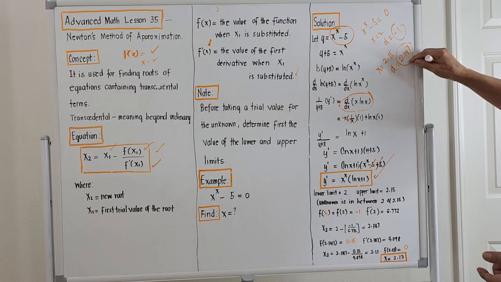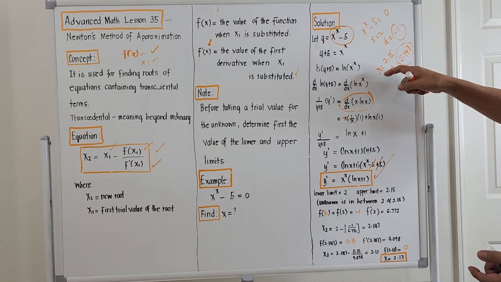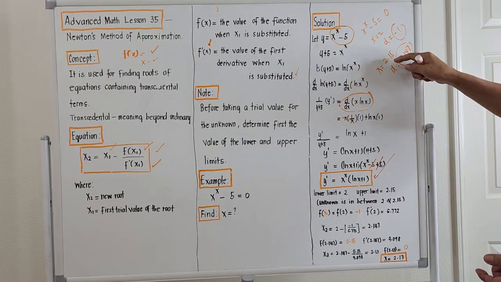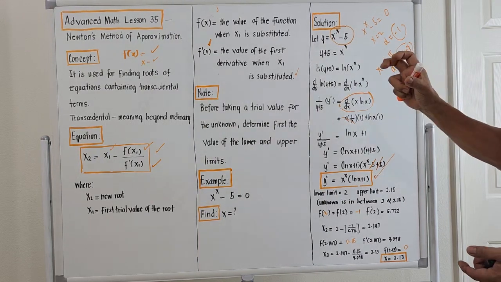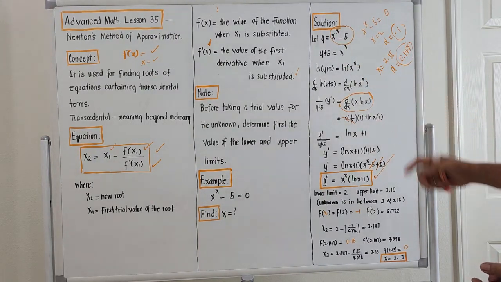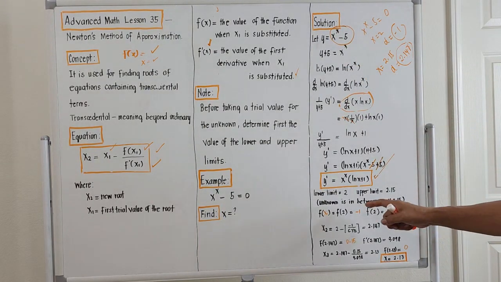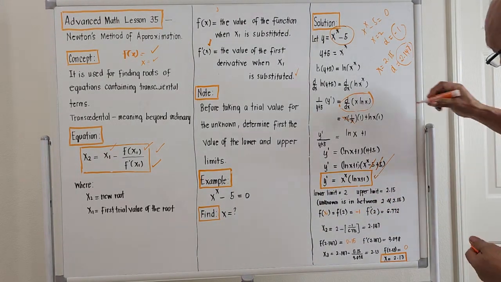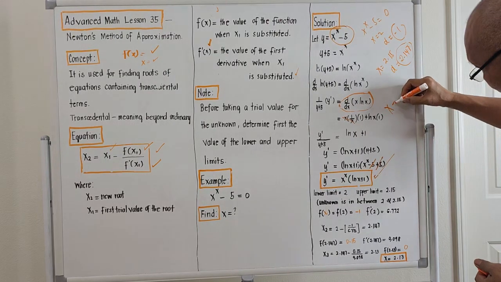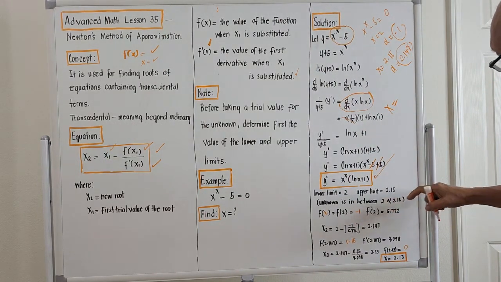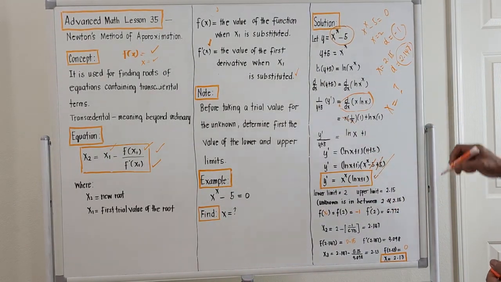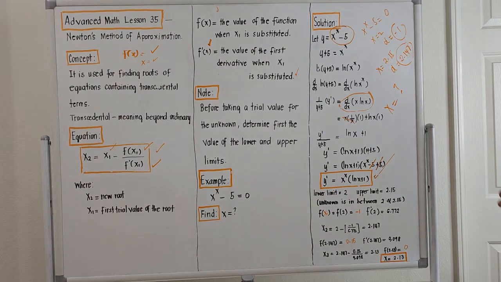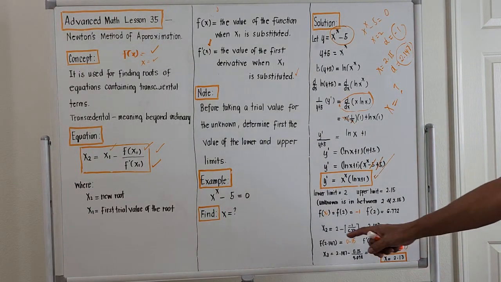Since this is not 0, the value x to be 2.15 is actually higher than the correct value. So our solution should be between the limit, okay, between 2 and 2.15. So we will assume that the value of x will be between 2 and 2.15. Right? Okay. We'll compute for x2.